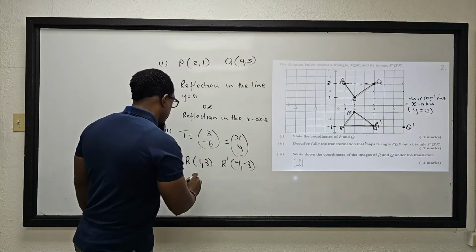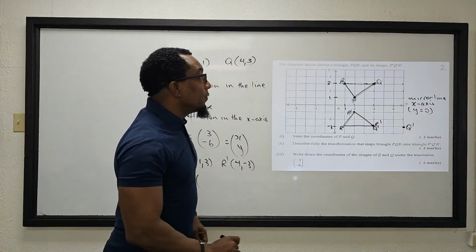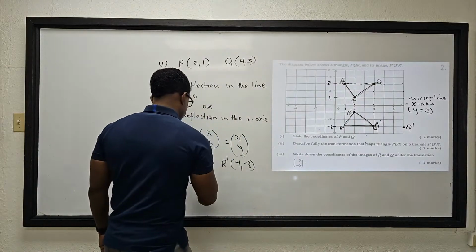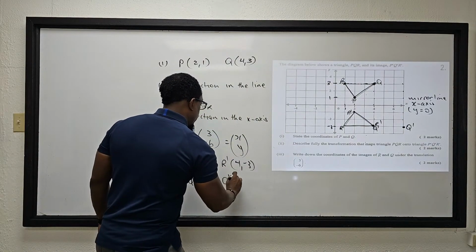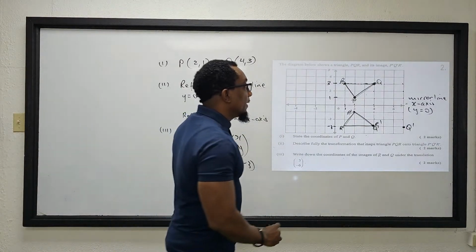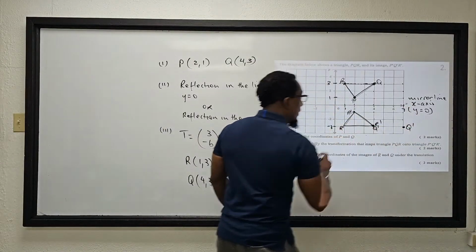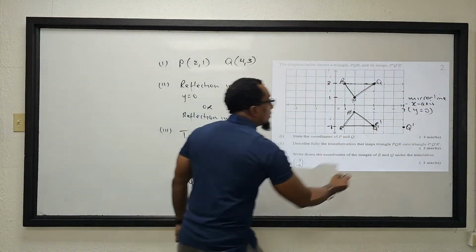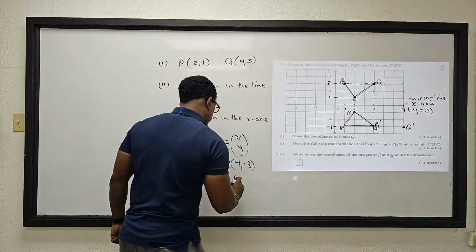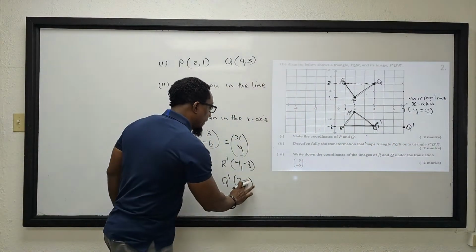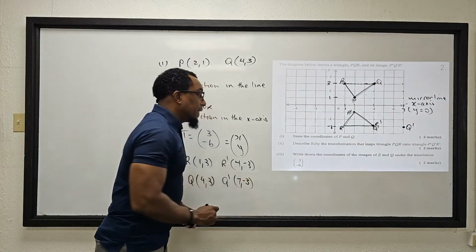So Q, initial coordinates will be 4, 3. And Q prime will be, this is Q prime here, this will be 7, -3. So 7 on the X and -3 on the Y. Alright, so Q prime, 7, -3.